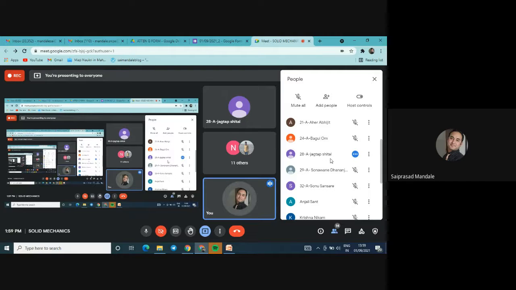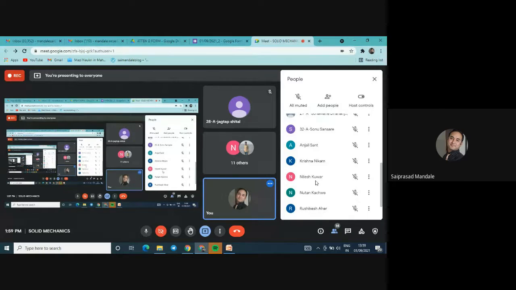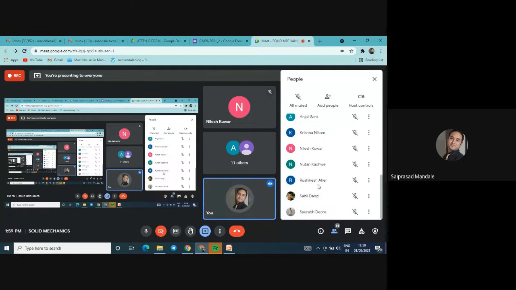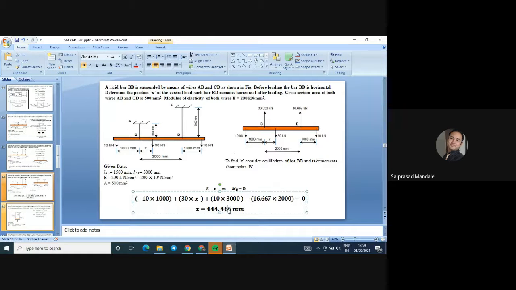Did you understand where the equation came from? Yes. Good. Anjali Sant. Nilesh Kuwar. Yes, sir. Good. Rushikesh Ahir. Yes, sir. Good. Do the calculation and check whether the calculated x is right or wrong.